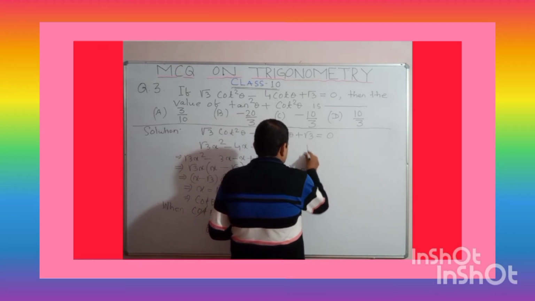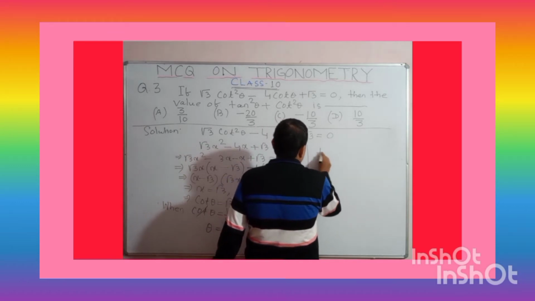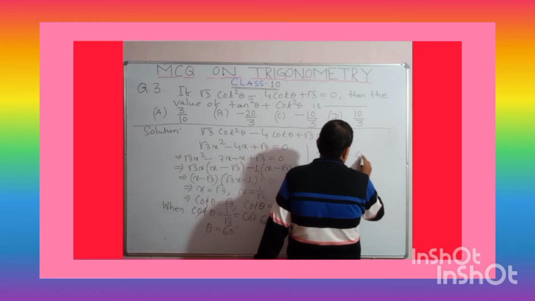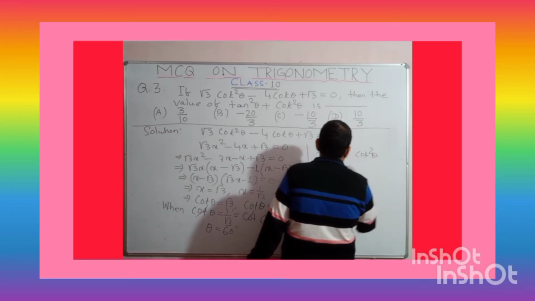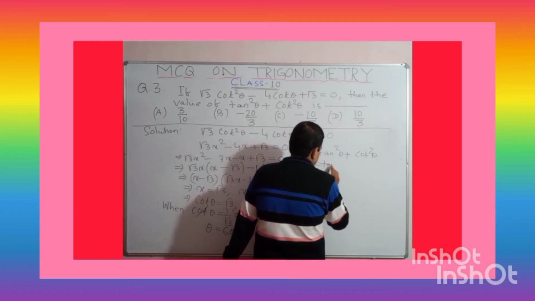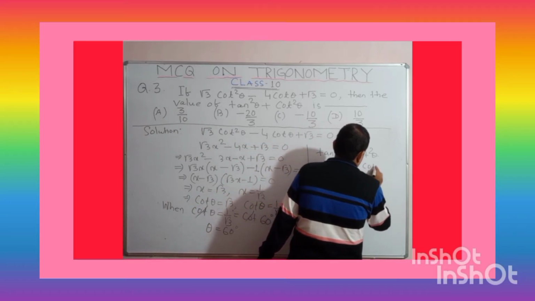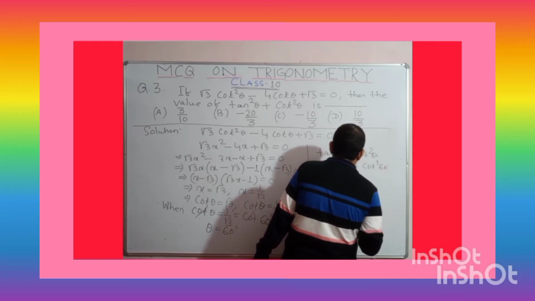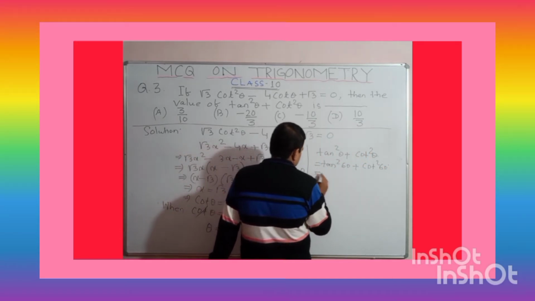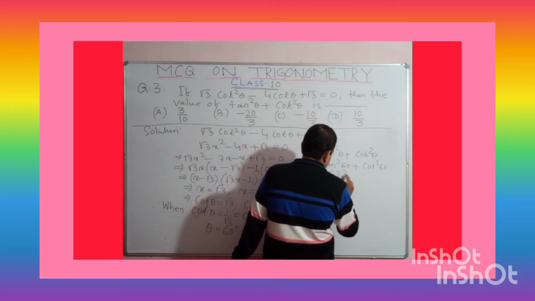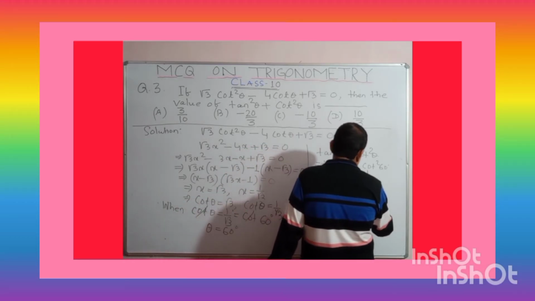Okay. Then you see the required value tan square theta plus cot square theta. So tan square 60 degree plus cot square 60 degree, right? Understand? So tan 60 is root 3 whole square and cot 60 is 1 upon root 3 whole square.